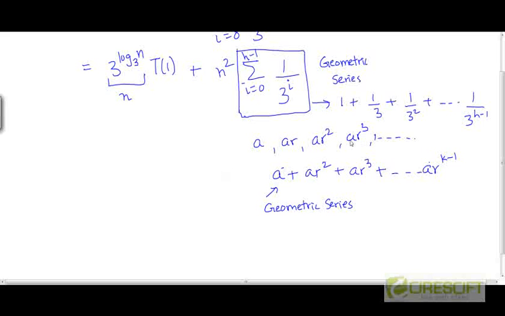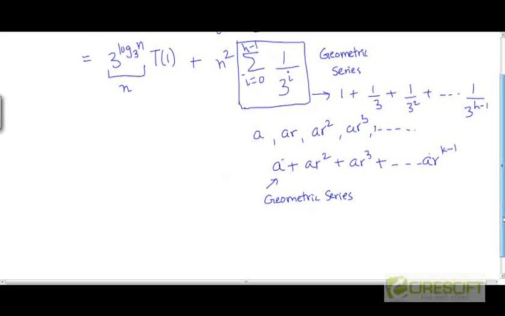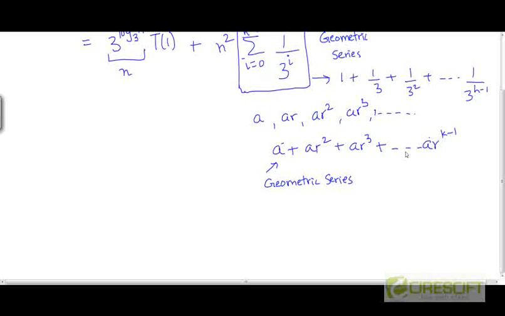How do we solve for the sum of k terms of a geometric series? Well, if we write S as the sum of the k terms, a standard way to solve for S is to multiply both sides of this equation by the common ratio, which is r.